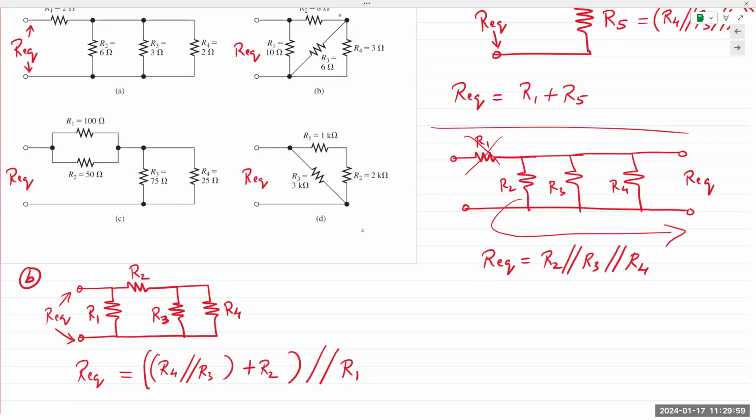Okay, then for C, it's the exact same thing. This time, instead of going towards the right, I'm going to take this node and pull it towards the left so that R3 becomes vertical.